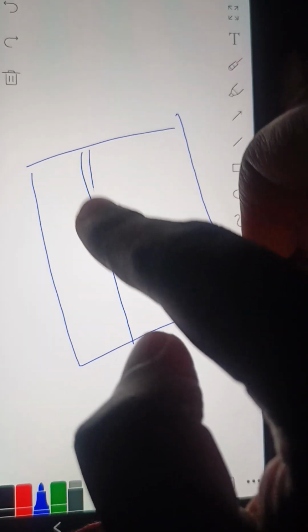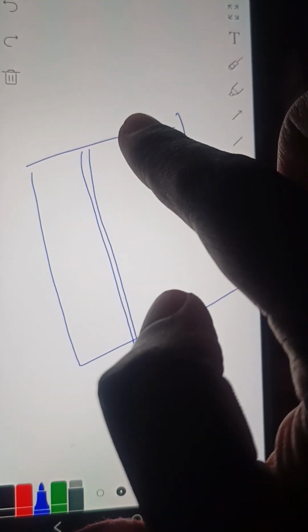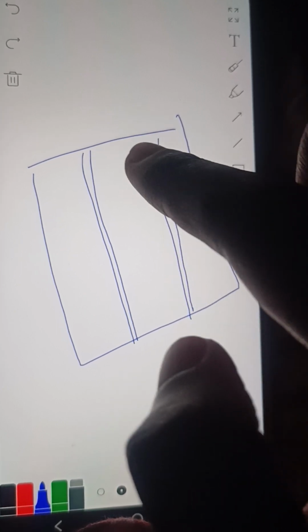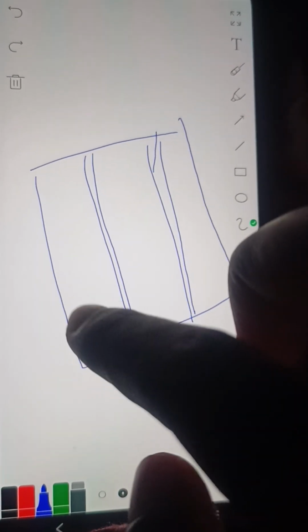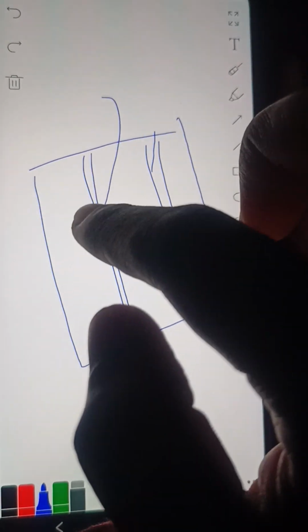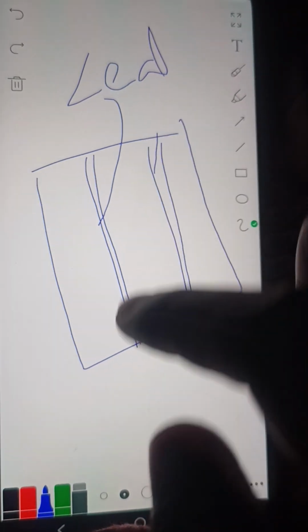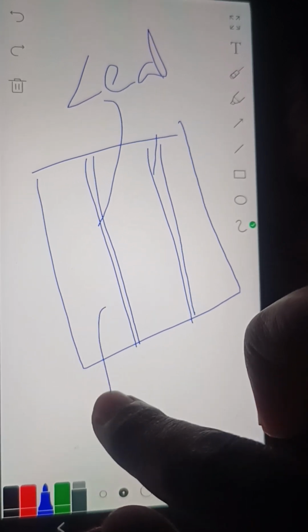These are the lead strips that prevent the secondary radiation. This is made up of lead, and this is made up of aluminium.